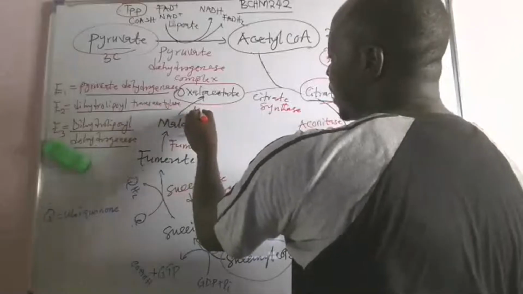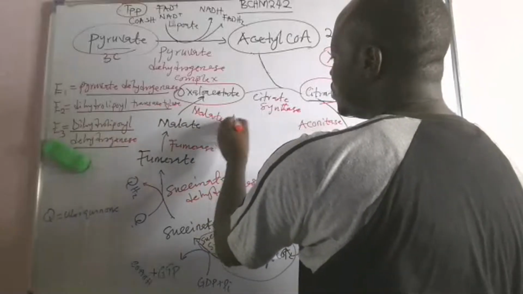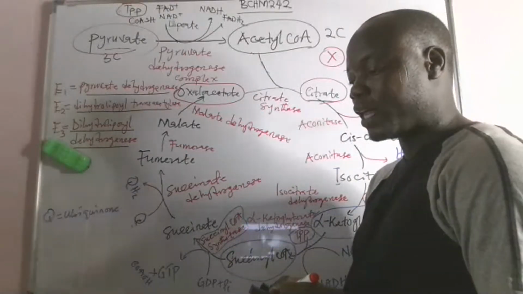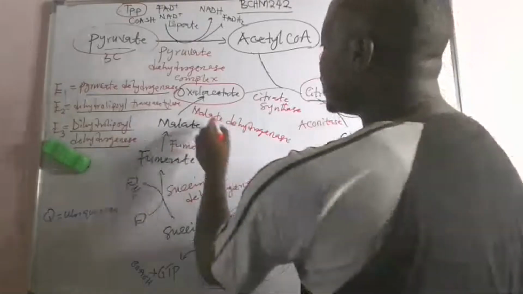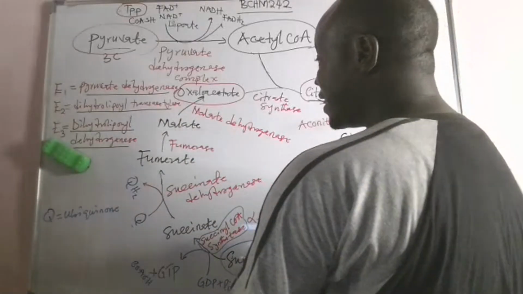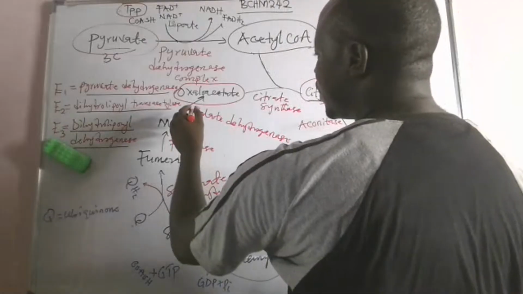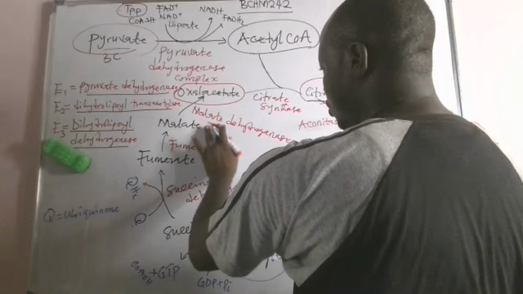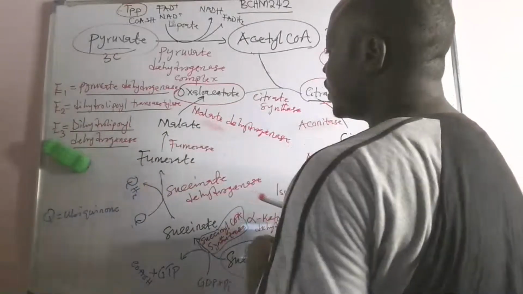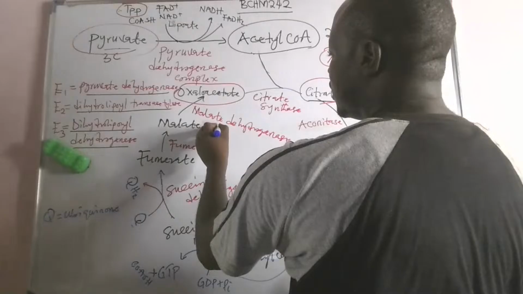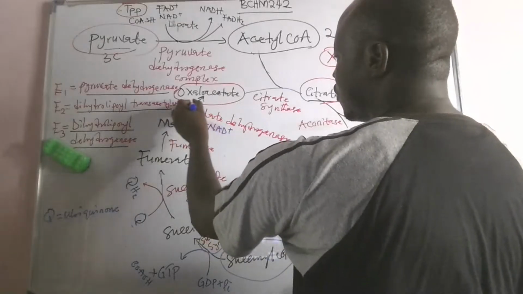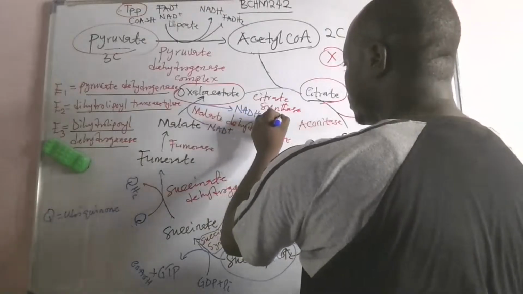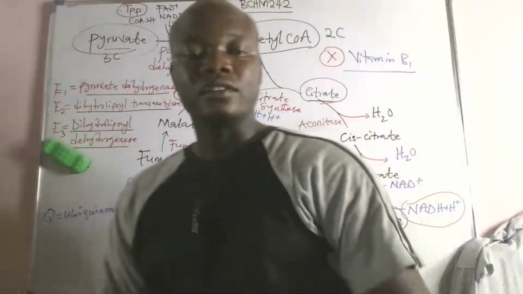The enzyme is called malate dehydrogenase. And at the same time, malate dehydrogenase also uses NAD plus, to generate another NADH plus H. Let me use the blue marker for you to understand.